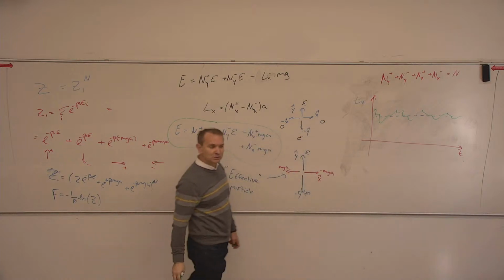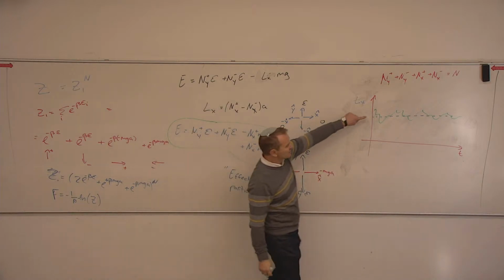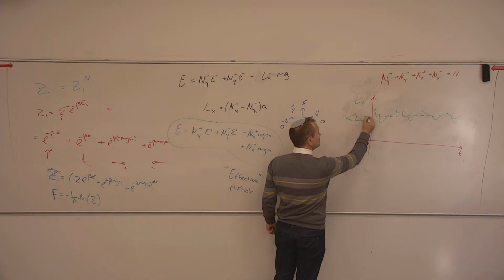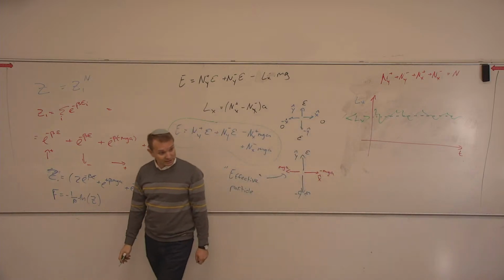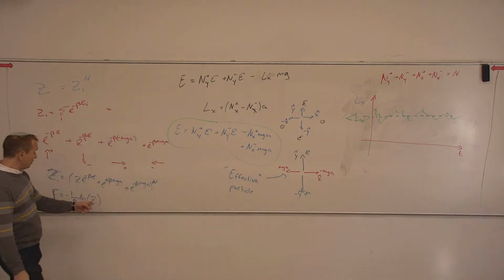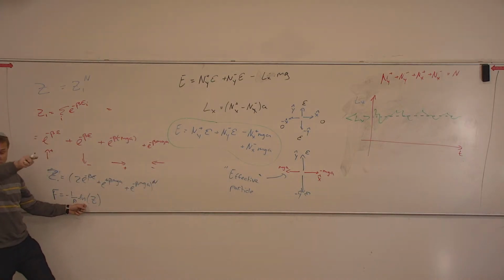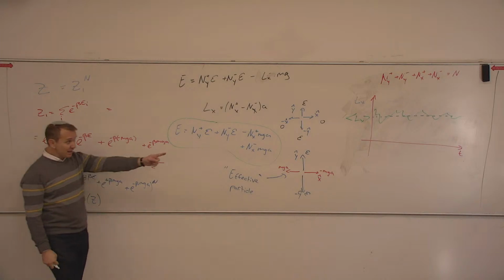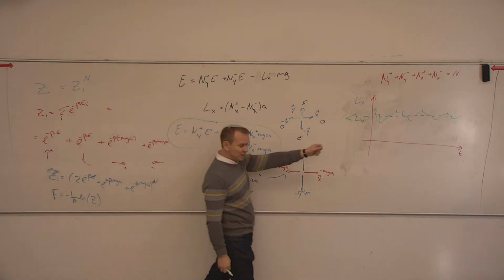And this is what I will observe in an experiment. And this dashed line is the average quantity. So I can find the average quantity of Lx. And this is what comes into the thermodynamical description of the average quantities.